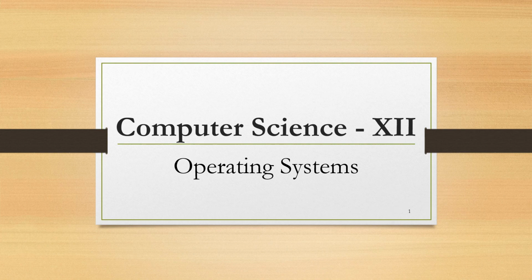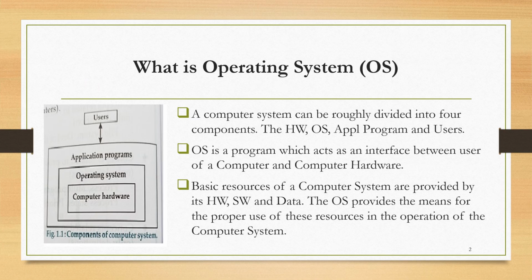Computer cannot perform any job without an operating system. So there is one layer of software around the computer hardware. That is the operating system. Let us see in detail.